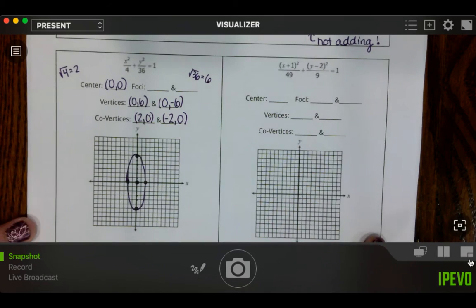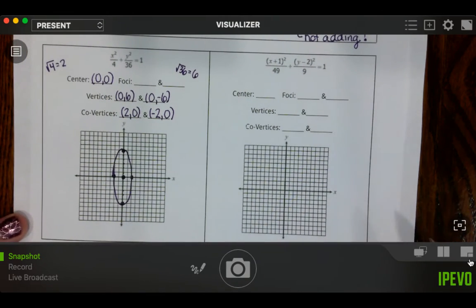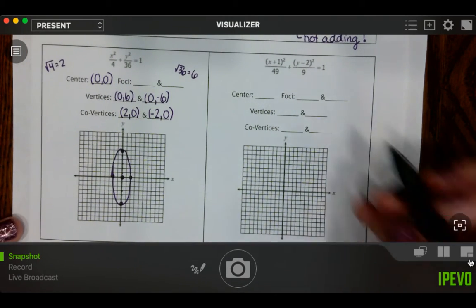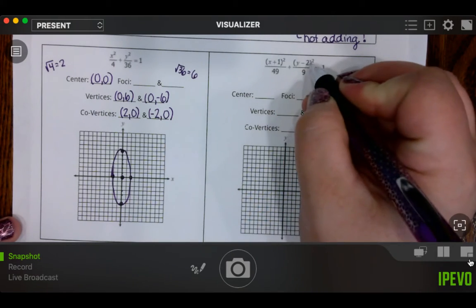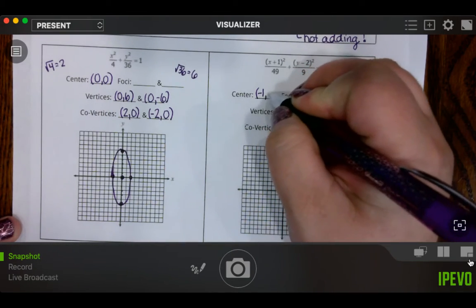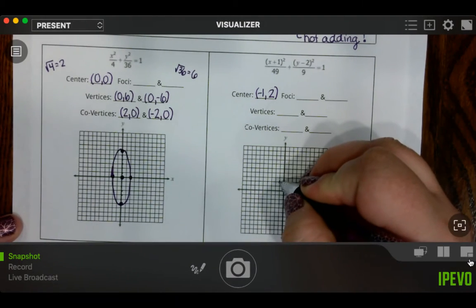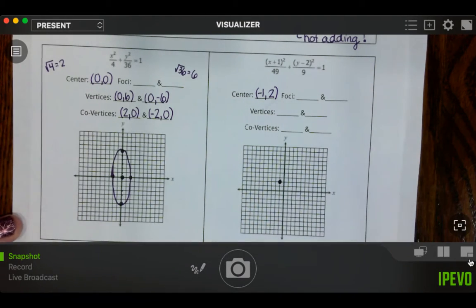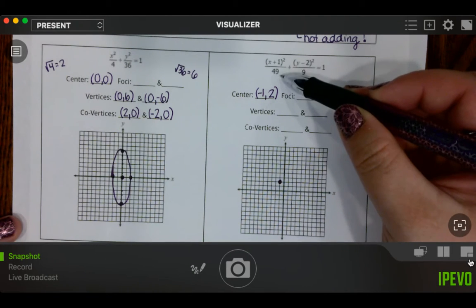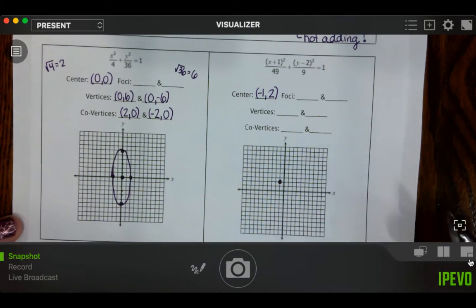Okay, let's do the same thing over here, except I'm just going to go a little bit quicker. The center is the opposite of these two numbers, so that would be negative 1, positive 2. That's trying to tell us to go left 1, up 2. There you go. The x's have a 49 underneath. The square root of 49 is 7.